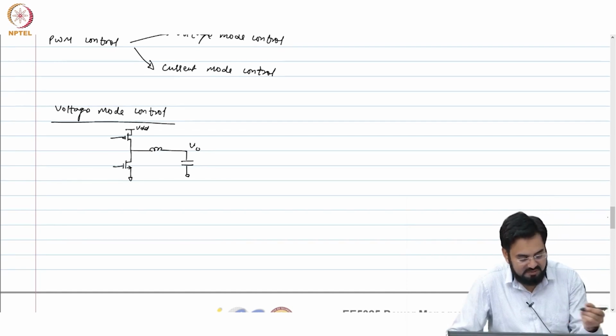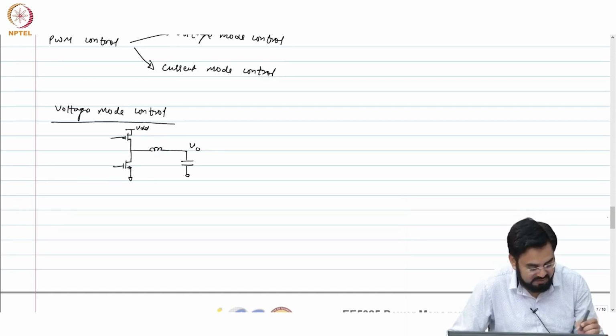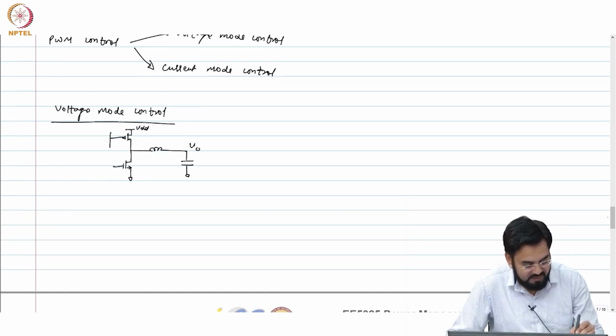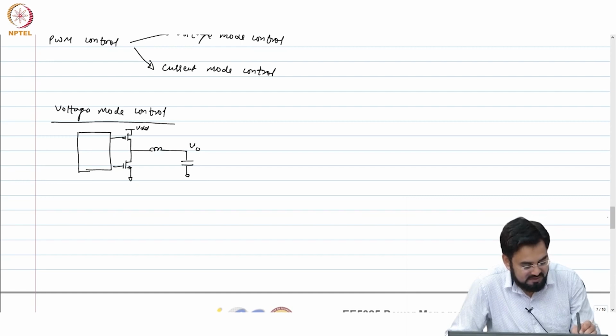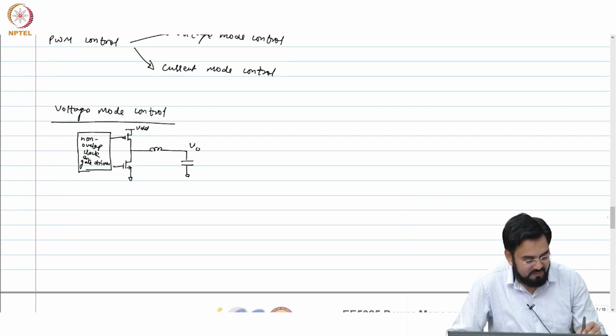So, for the high side you use PMOS, for the low side you use NMOS, and these MOSFETs are quite big. So, you usually use gate drivers which have non-overlapping clocks. The gate driver is nothing but a buffer, and you feed PWM here.